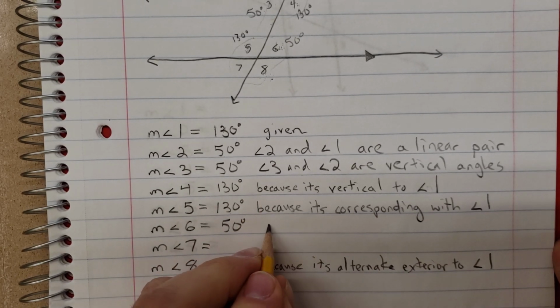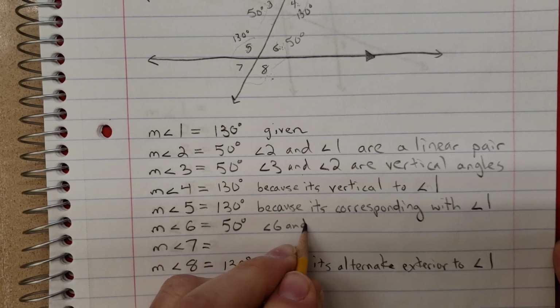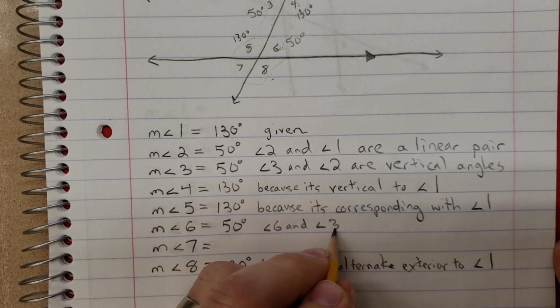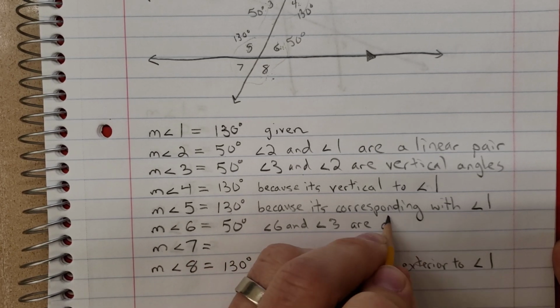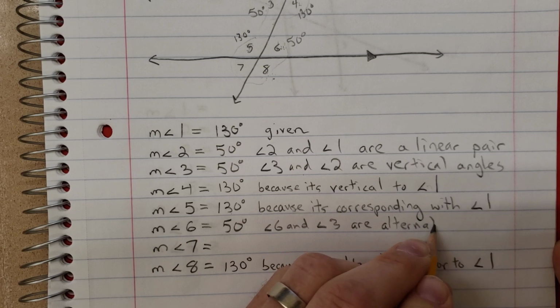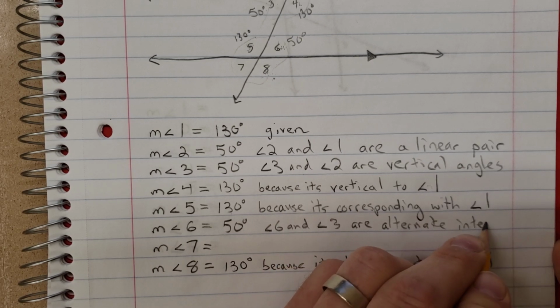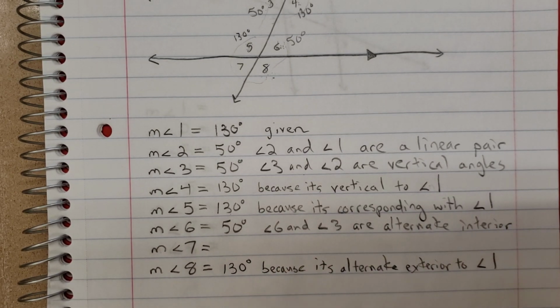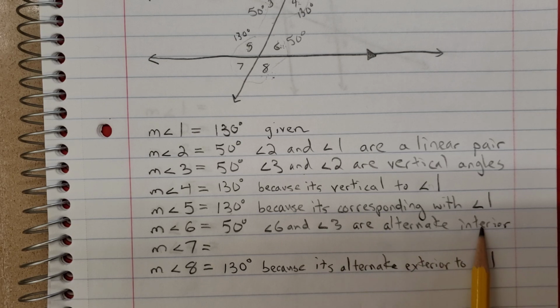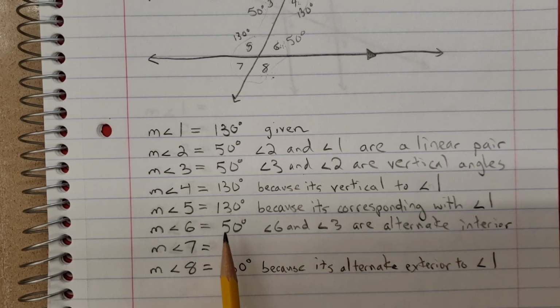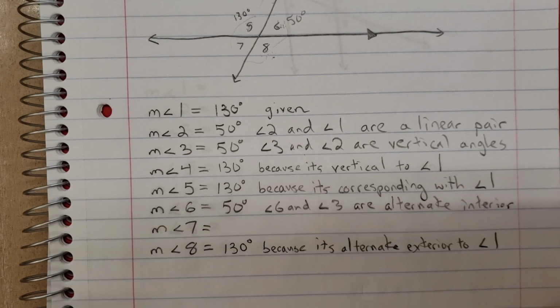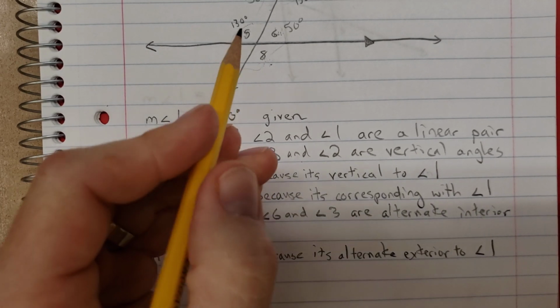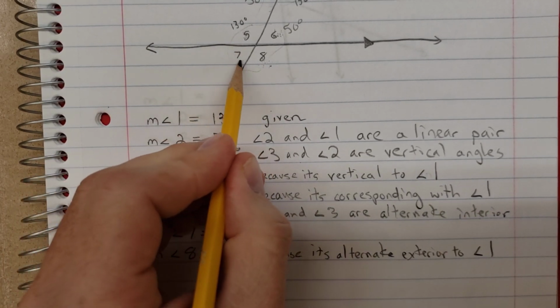Well, let's say angle 6 and angle 3 are alternate interior. Okay, so because we see that they're alternate interior, we know they have to be congruent, so therefore they both have to be 50 degrees. And finally, angle 7 right here.